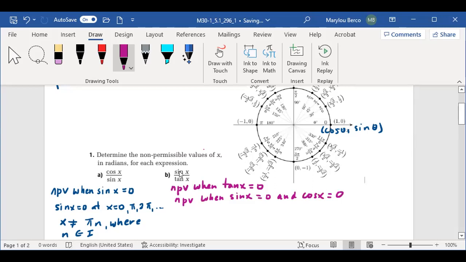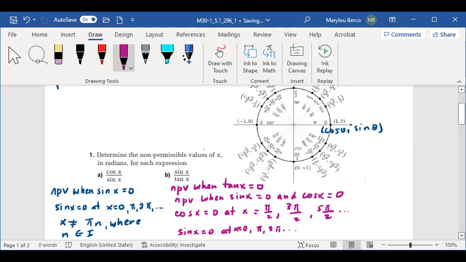So cos x is equal to 0 at x equals pi over 2, 3 pi over 2, 5 pi over 2, and sine x equals 0 at 0, x equals 0, pi, 2 pi, and so on.